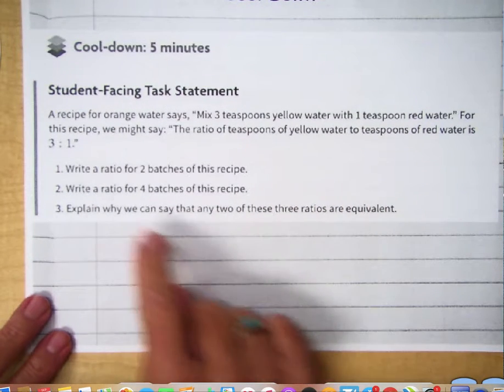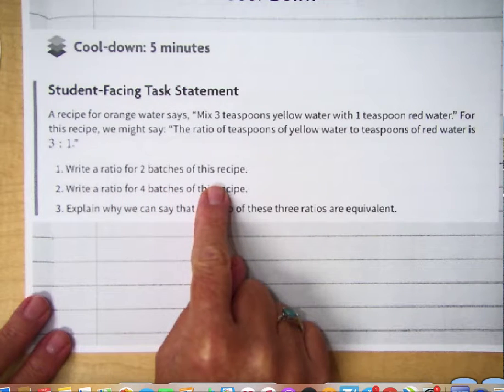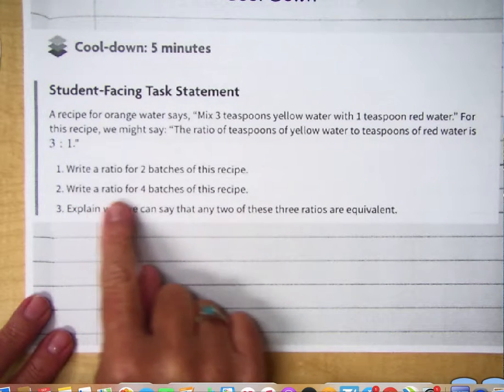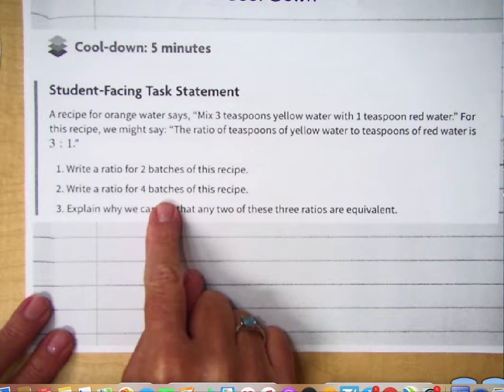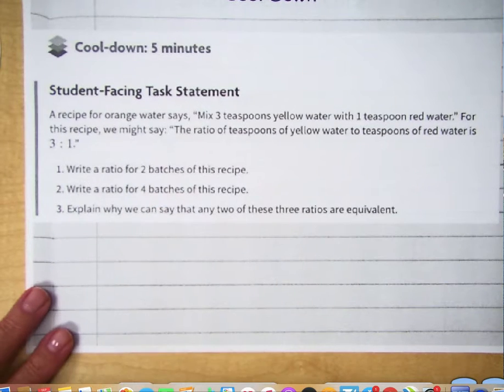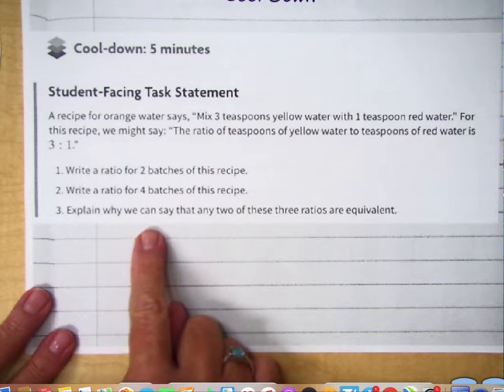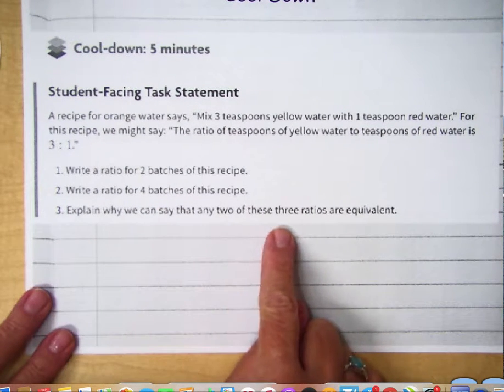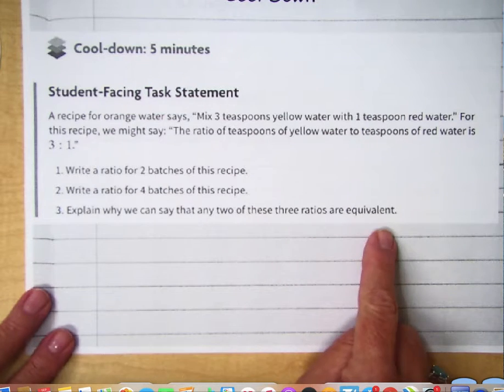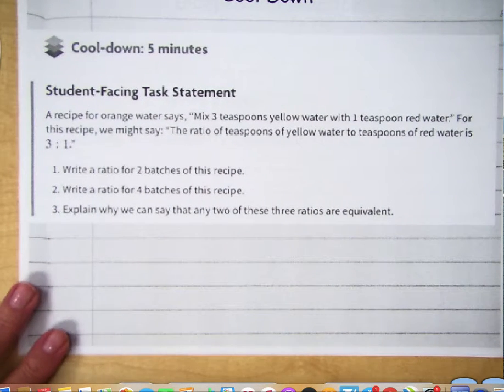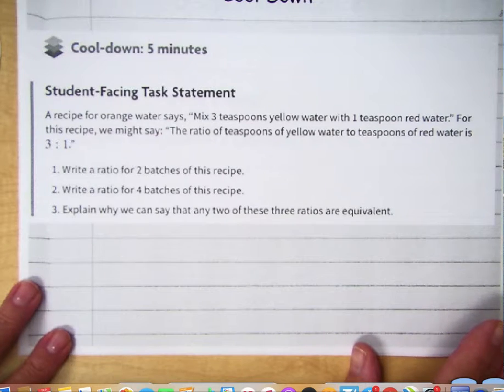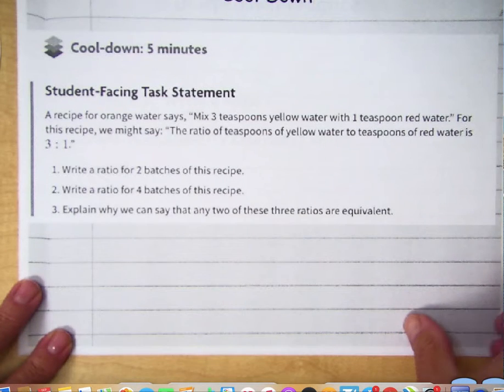Write a ratio for 2 batches of this recipe. You may want to draw a picture before you write that ratio. Then you're going to write a ratio for 4 batches and explain why we can say that any 2 of these ratios are equivalent. Again, please go to Canvas and do that on the link that is there and submit.